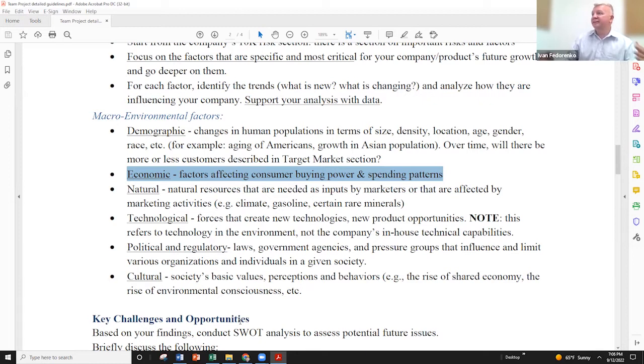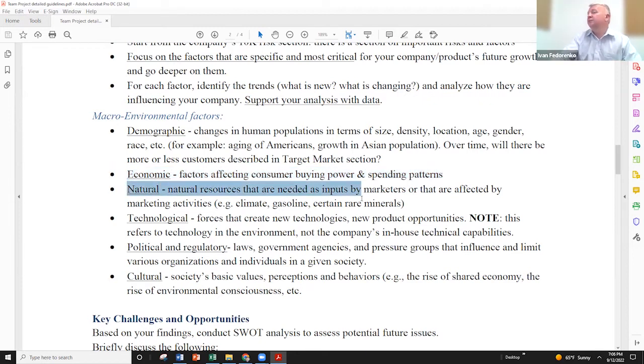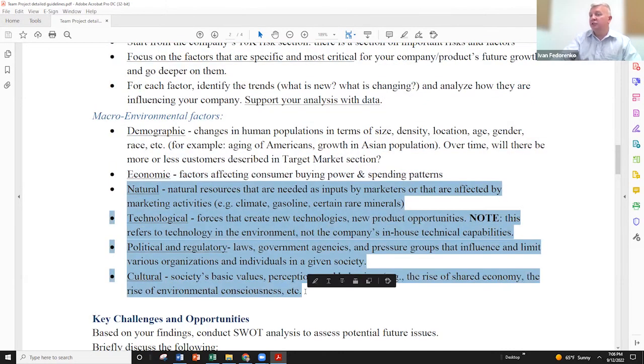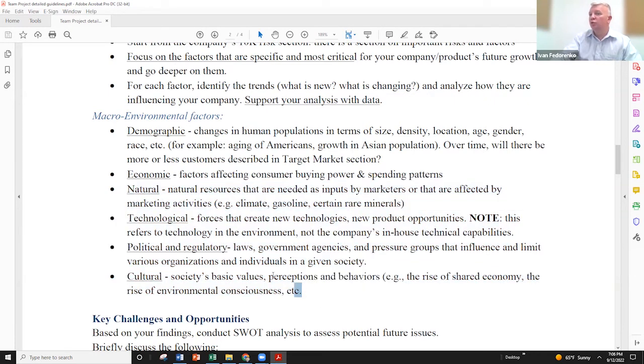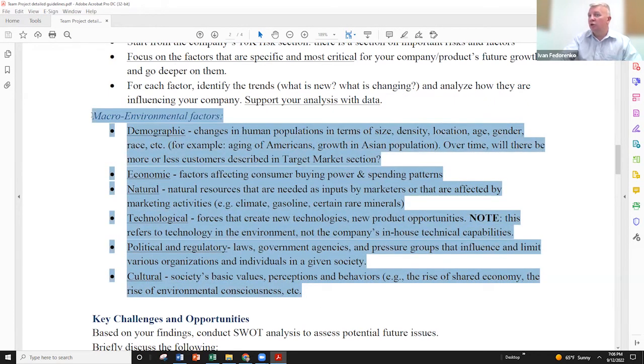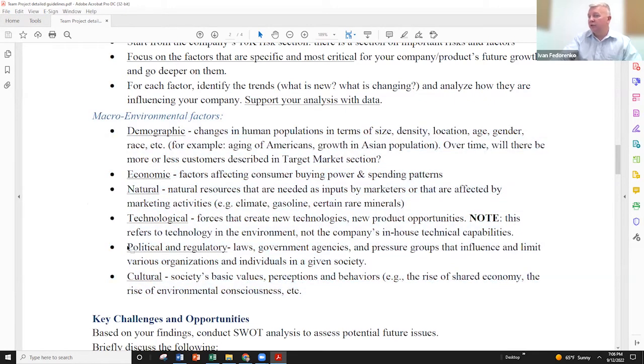How does it affect this specific company? And other macro factors such as availability of natural resources, new developments in technology, or political and regulatory changes.